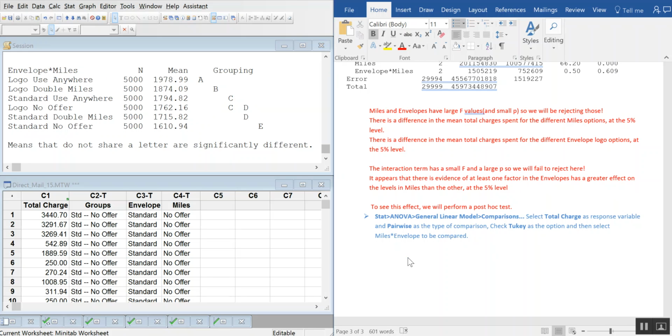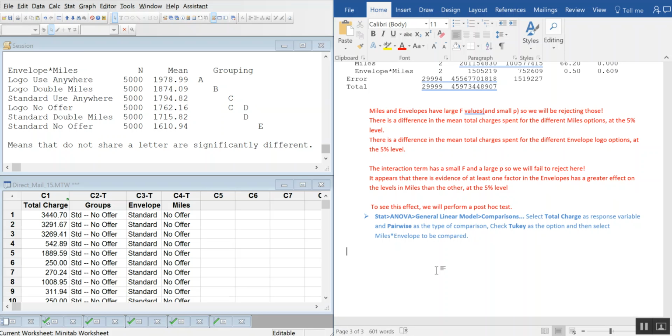So, overall, my general recommendation is if you wanted to increase spending, you should always use the logo, especially if the logo is cheap to manufacture and add to your envelopes. And the other thing is either use anywhere or double miles appears to perform the best out of these groups, so increases spending the most.